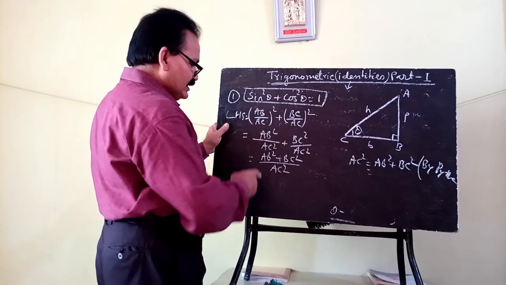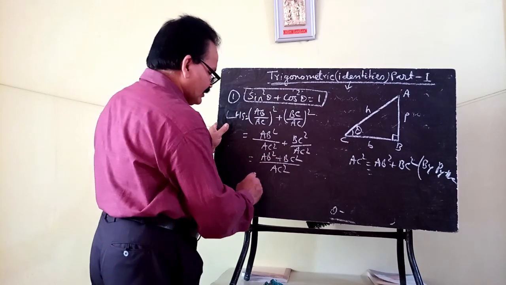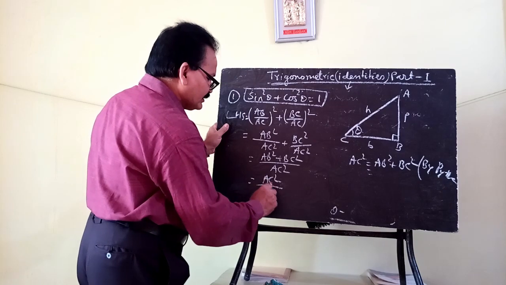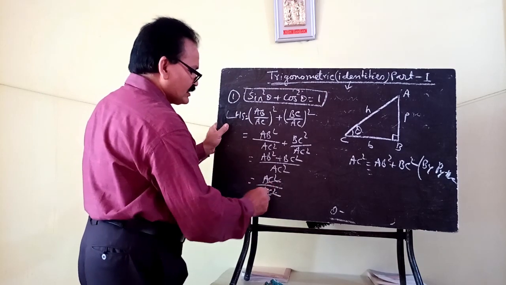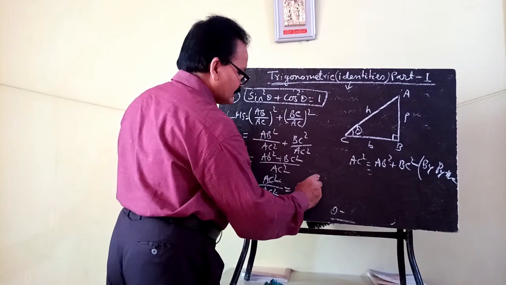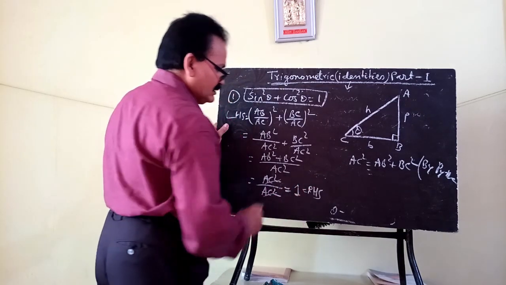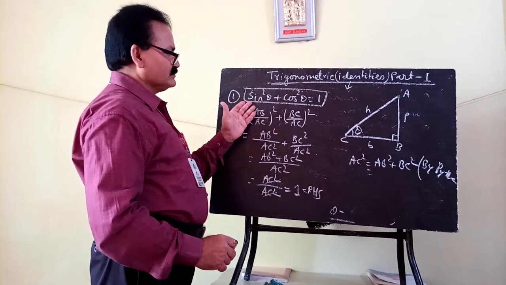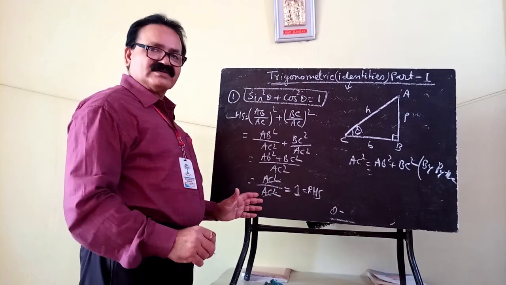So that means AB square plus BC square can be written as AC square, and in the denominator it is AC square. So AC square cancel. So it will be 1, that is your RHS. Hence we have derived the equation.